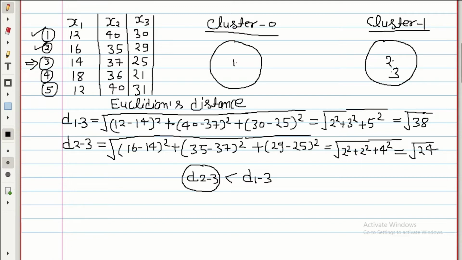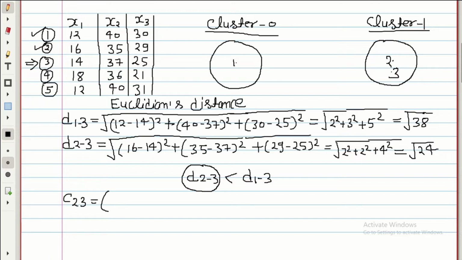And one more thing you need to see: when a new instance goes into a cluster, a new centroid gets calculated, and it would be the average or midpoint of instance number 2 and 3 in this case. So I'm going to write it as C23, the midpoint of 2 and 3.